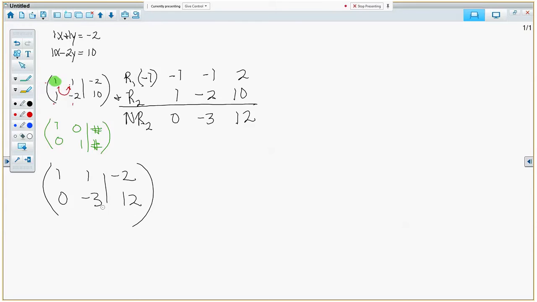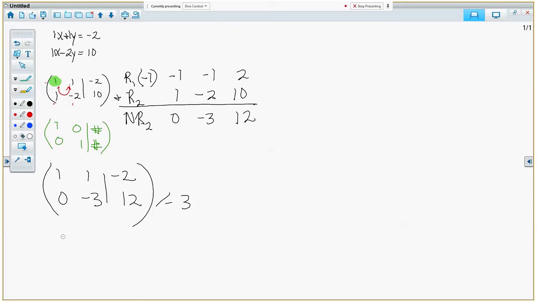Now, how do I get a 1 right here? Divide row 2 by what? Divide row 2 by -3. And you can do that in your head. Unless there's some kind of drug addiction or something. You should be able to do it in your head.